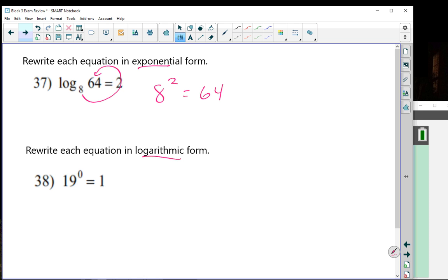Here I'm going to logarithmic form. So what do I need to start with? Log. My base is going to be 19. That's where I start. The next number will be 1. And then the next number would be equals 0. Pretty simple, right?